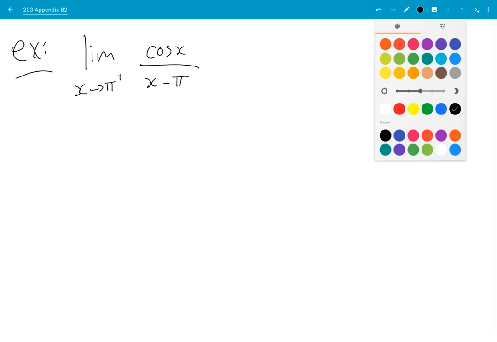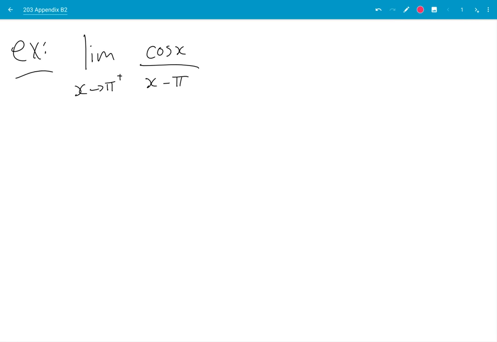Okay, this is another one of these be careful things. Numerator is approaching, well, cosine of pi, minus 1. So it's minus 1 on top and 0 on the bottom.